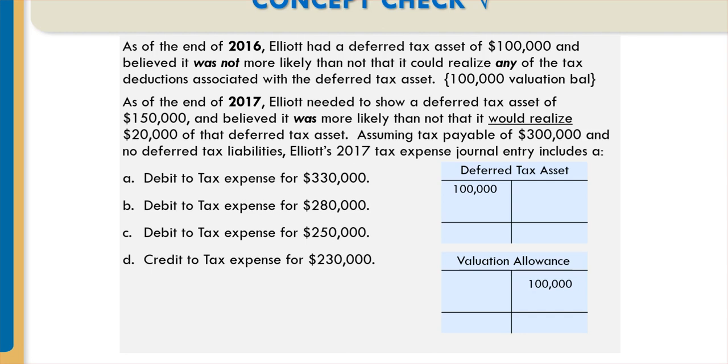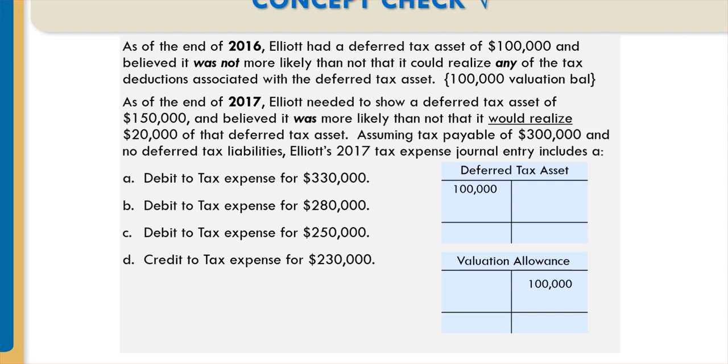This is kind of a complicated problem. You don't necessarily need to know how to work this problem. I just want you to understand that when you look at these T accounts, they have a deferred tax asset of $100,000 and they have a valuation allowance of $100,000.